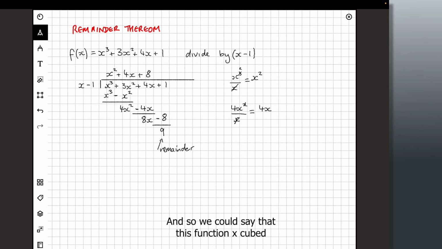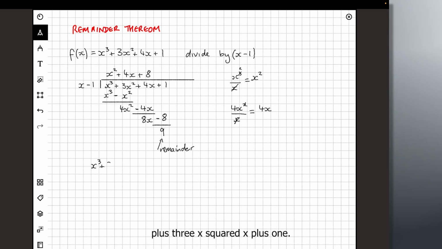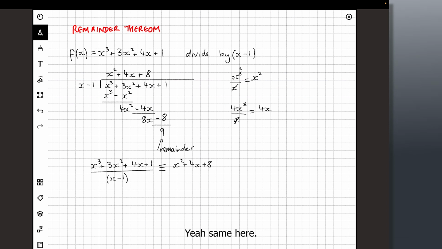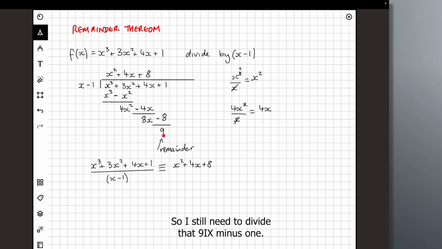So we could say that this function, x cubed plus 3x squared plus 4x plus 1, divided by x minus 1, is the same as x squared plus 4x plus 8 with a remainder of 9. So I still need to divide that 9 by x minus 1. So my remainder is 9 divided by x minus 1.